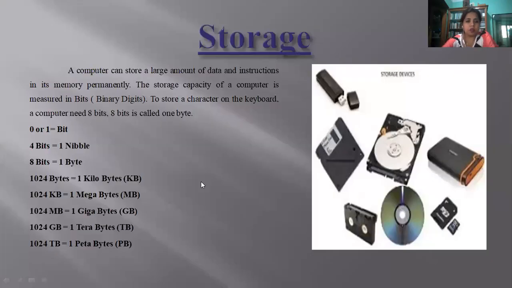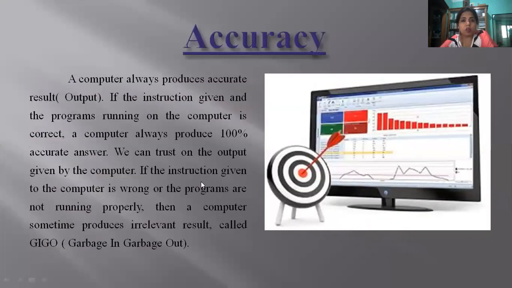Okay. Now, next one is accuracy. Computers are 100% accurate machines, but sometimes the user may give wrong input to the computer. At that time, the computer produces irrelevant results, which is known as garbage in, garbage out.